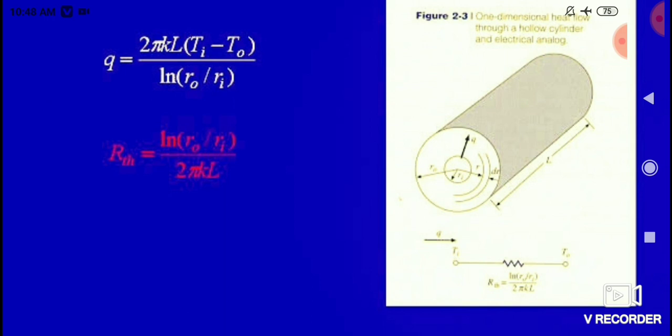So always try to visualize the formula or logic applied in calculating the resistance. Here L is the length of the cylinder, and R naught and Ri are the external and internal radius. You can easily understand it; there is nothing big about this.